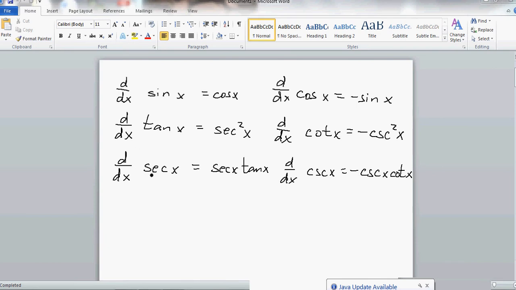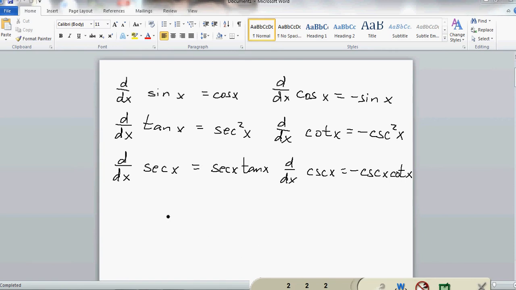The regular functions are all positive, the cofunctions are negative, and they are somewhat opposites of each other. If you know tangent, secant squared, cotangent becomes the cosecant squared. Secant is secant tangent, and cosecant is cosecant cotangent. And these are related in the same way that many of the identities are as well.